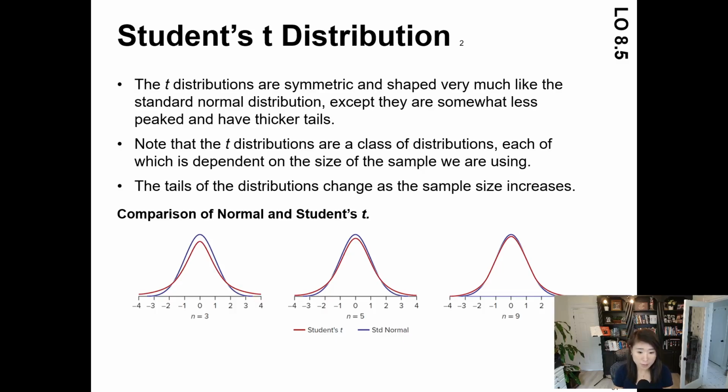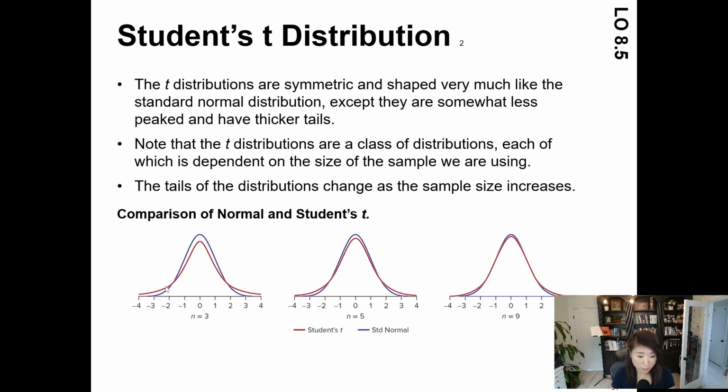As you can see in the three diagrams below, we're looking at how the Student t distribution differs from the standard normal distribution as the sample size changes. The Student t looks very similar to the standard normal; it is symmetric and bell-shaped, and as our sample size increases, it looks more and more like the standard normal distribution.